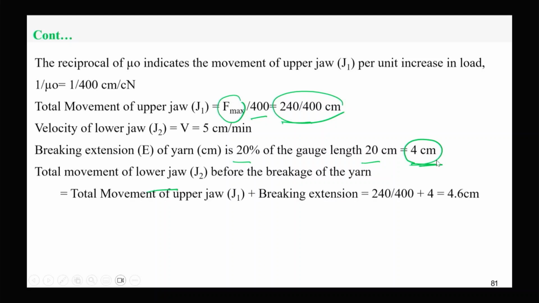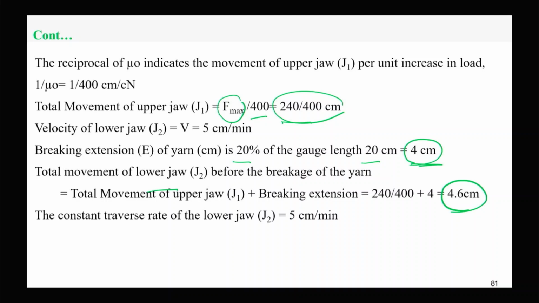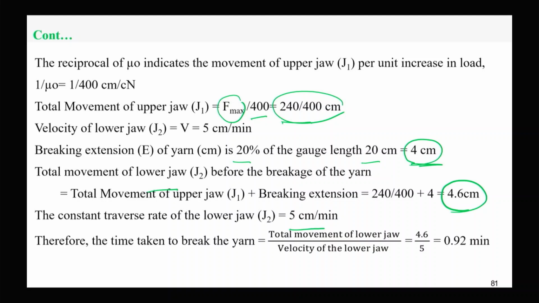This way it will become 4.6 centimeter. So 4.6 centimeter is the total movement of the lower jaw, and the constant traverse rate is 5 centimeter per minute, which is given.